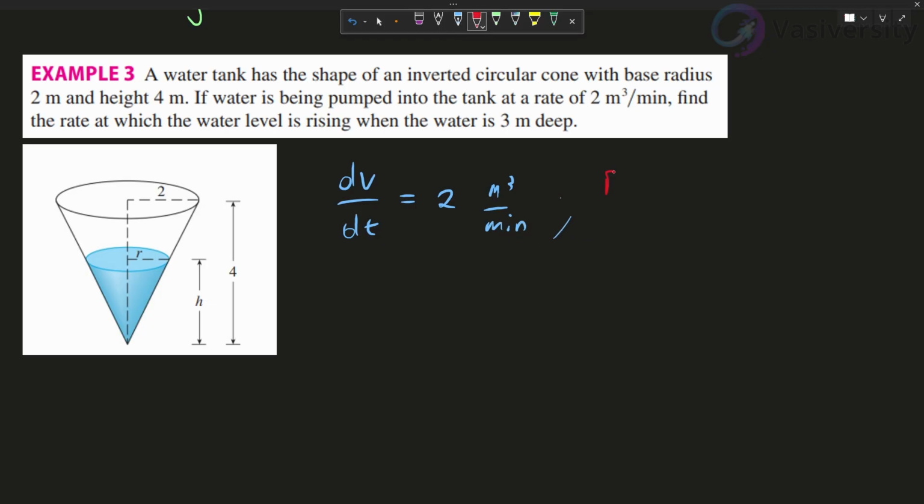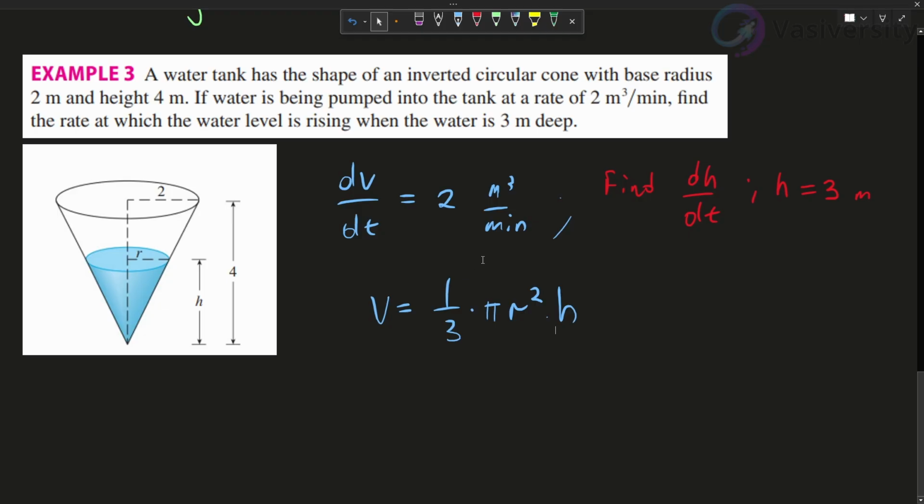We're trying to find the rate at which the height is increasing, dh over dt, and we know that height is 3 meters. Okay, so we need to know the equation of the volume for the cone. And the equation is volume is equal to 1/3 times pi r squared times height.